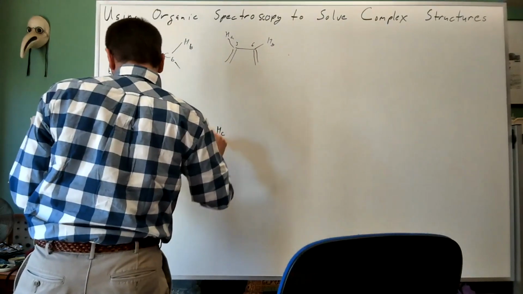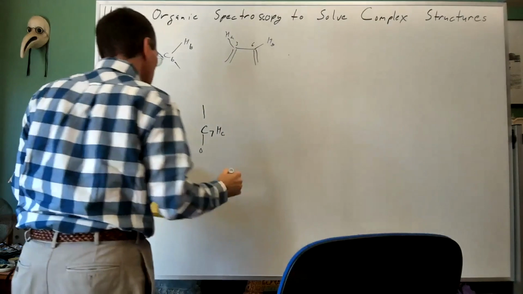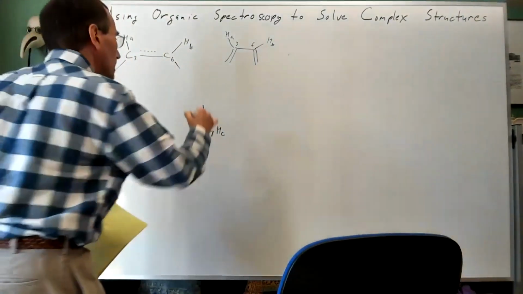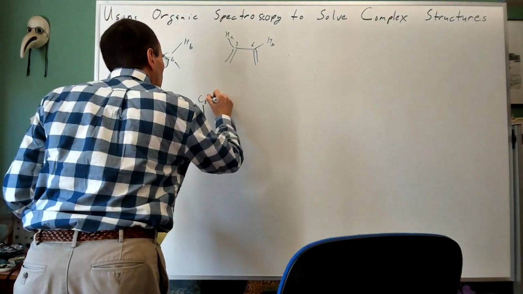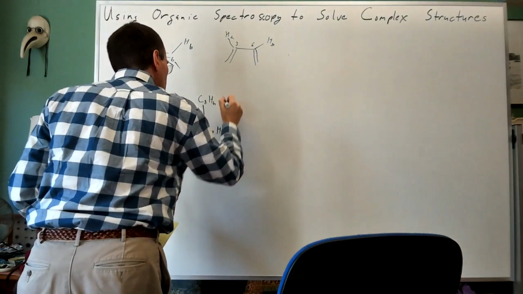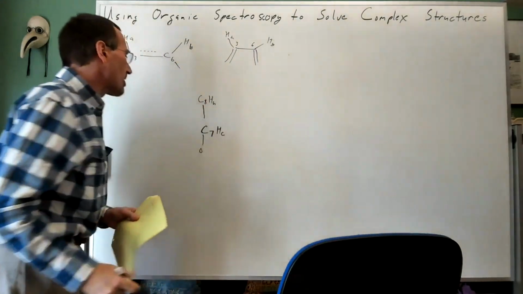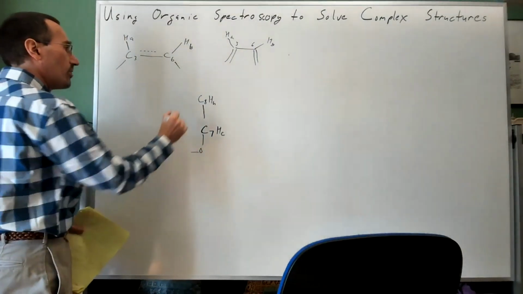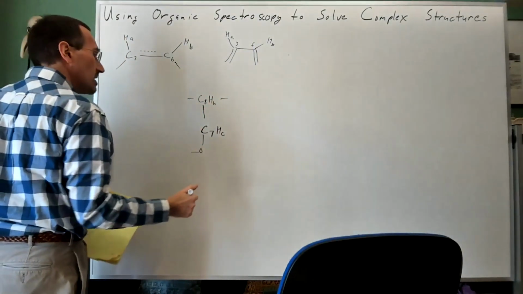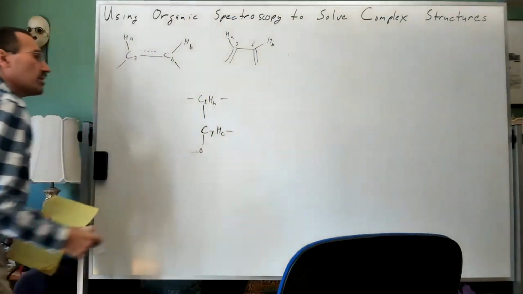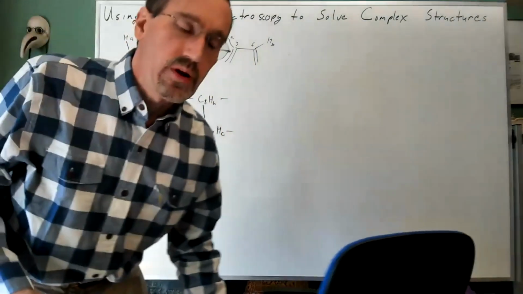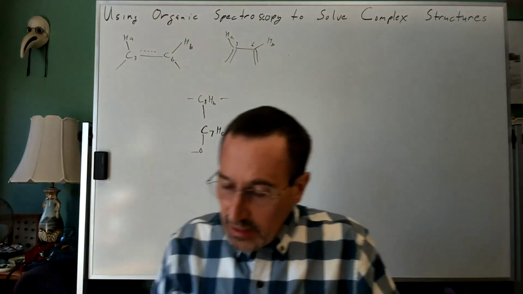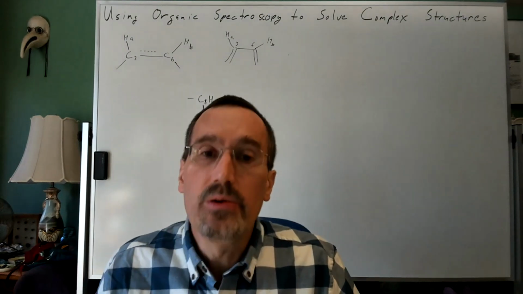I think it's connected to an oxygen. We have that C8H peak over here. I always like to try to keep track of my valencies as I do things, just to help try to keep in mind where I need to be adding connectivity. So let's continue in our COSY over here.